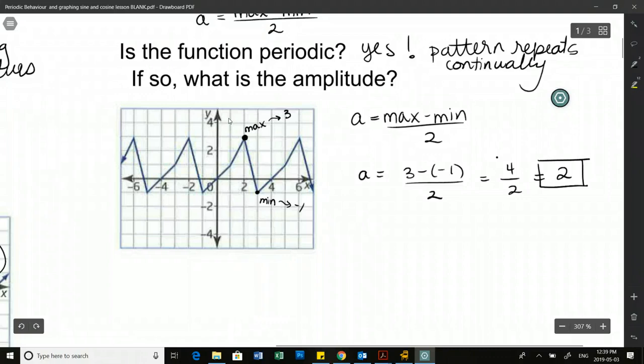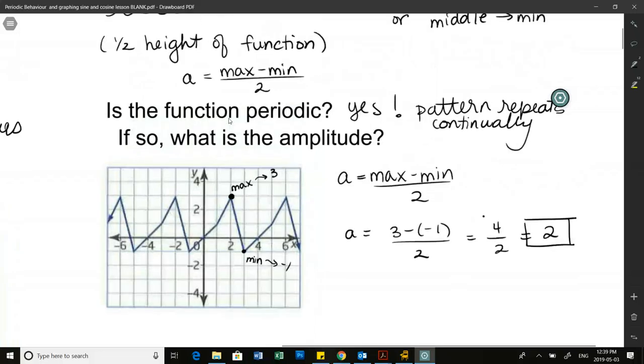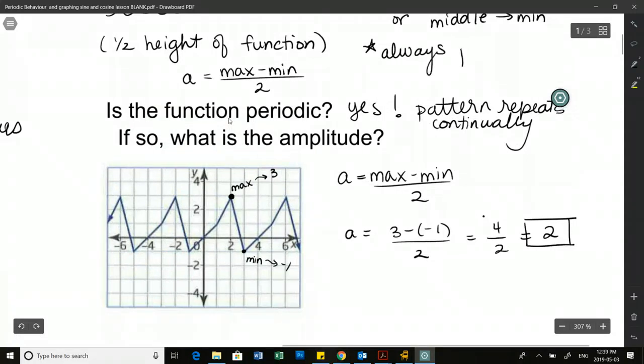Okay? Amplitude, just as a little side note, should always be positive because we're talking about a measurement of height. I definitely don't want a measurement of height or distance to be a negative value because that doesn't make sense. So you can make yourself a little note up here under your amplitude definition and just say it's always positive.